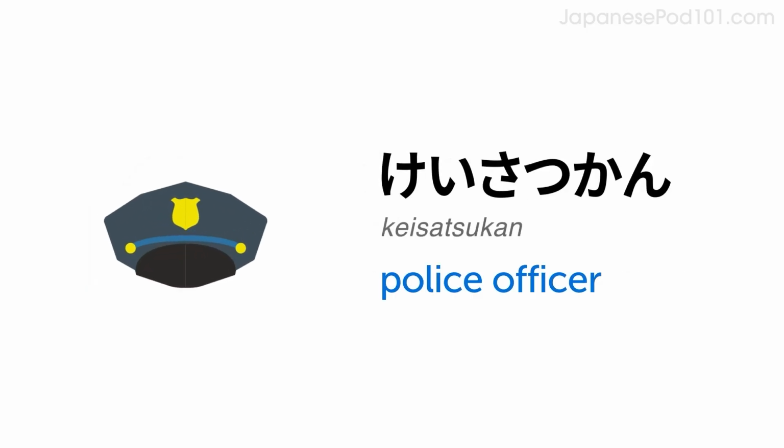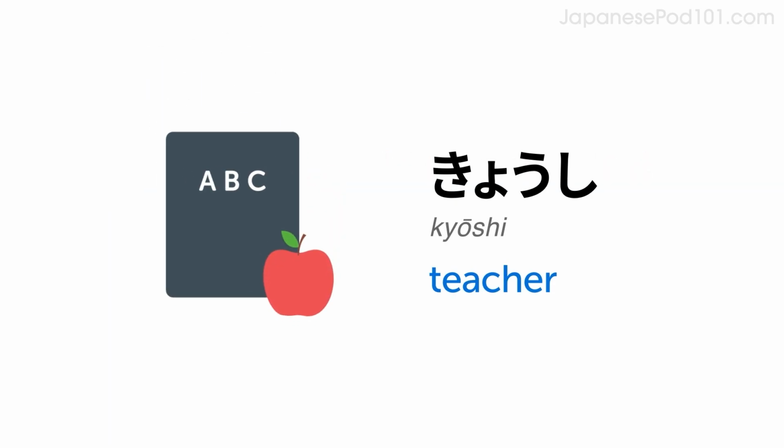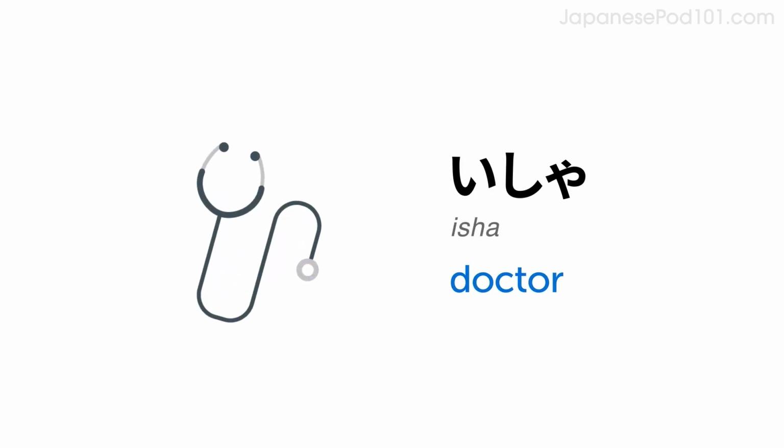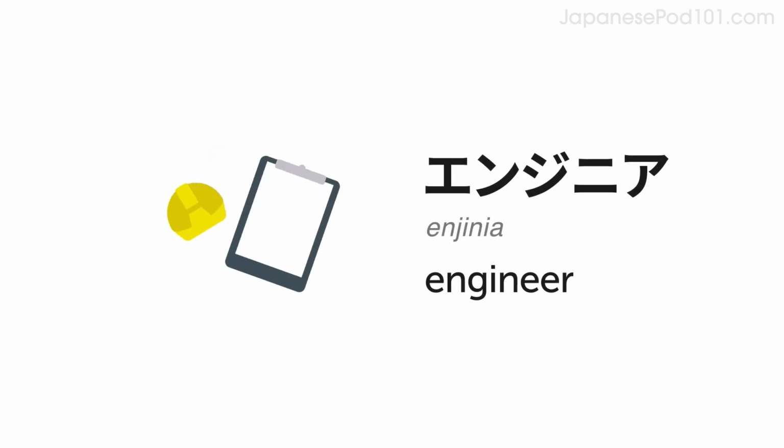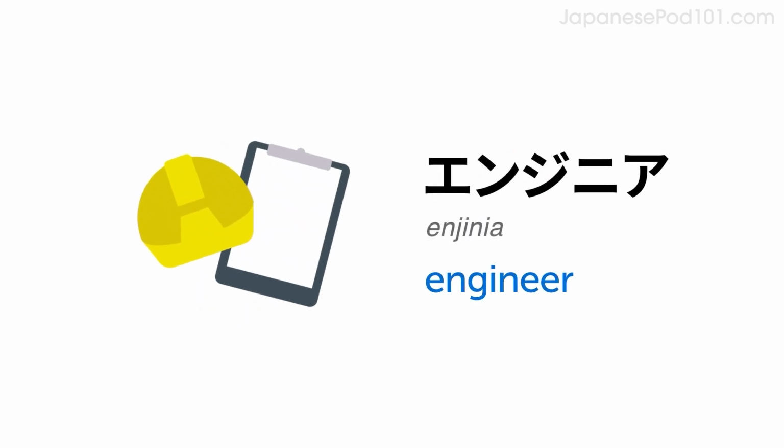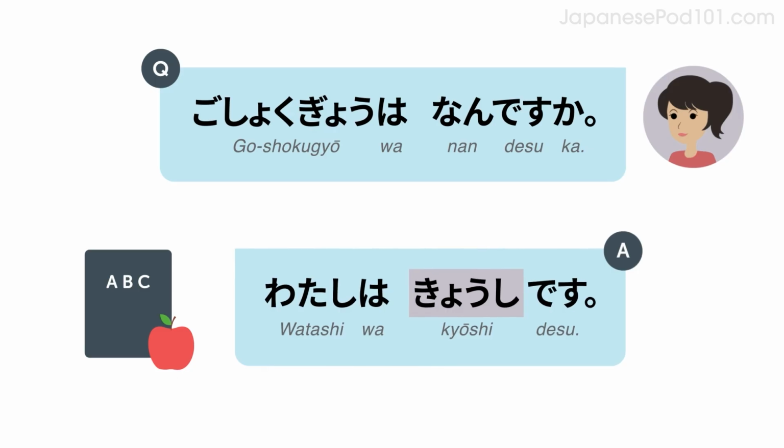Police officer, 警察官. Teacher, 教師. Doctor, 医者. Engineer, エンジニア. Now, listen to some examples.